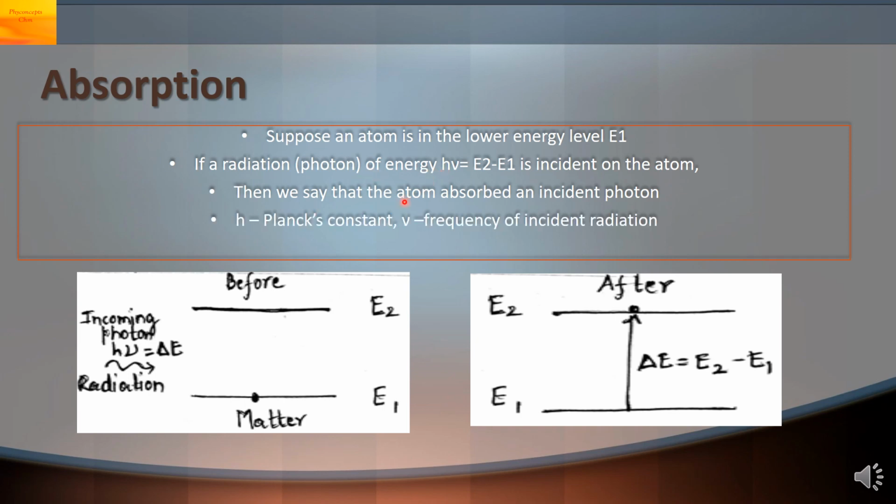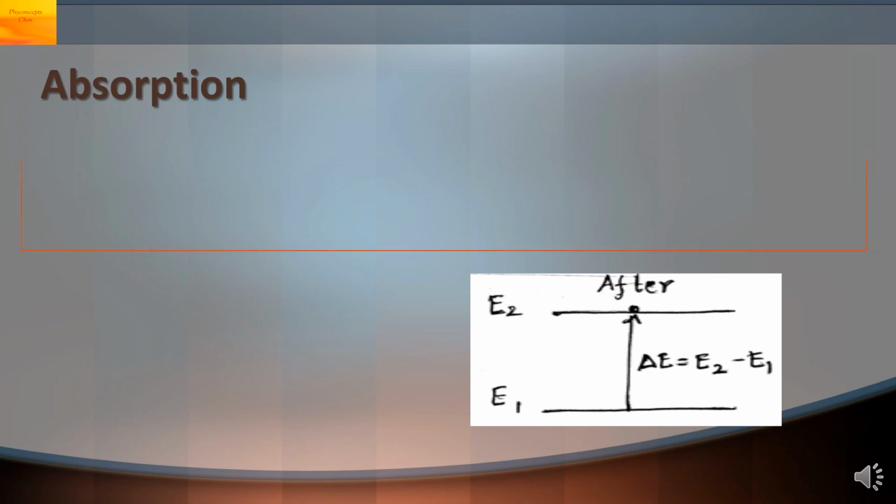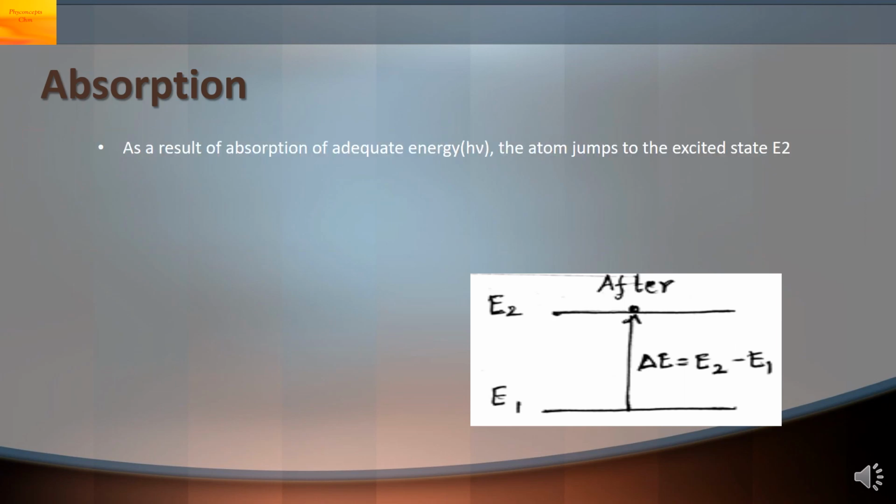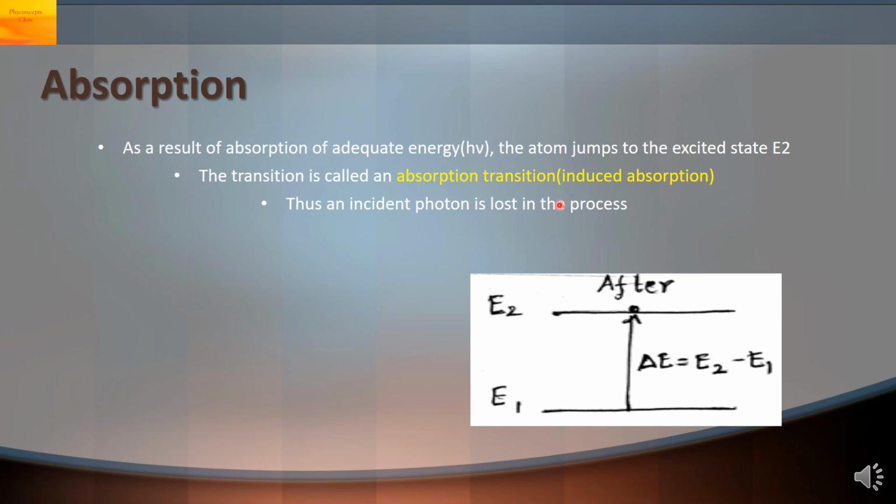Here h is Planck's constant and nu is the frequency of the incident radiation. After absorbing the photon, the atom jumps to the higher excited state having energy E2. This process is called absorption. In this process, the incident photon is lost.